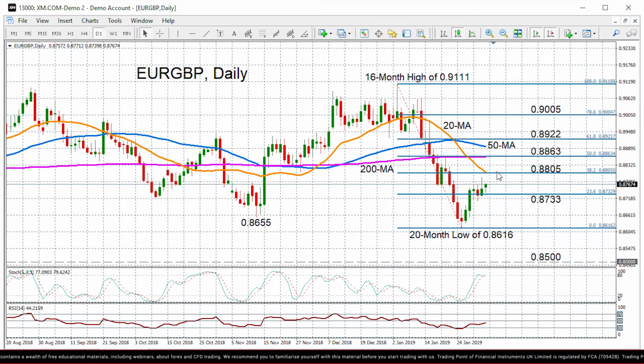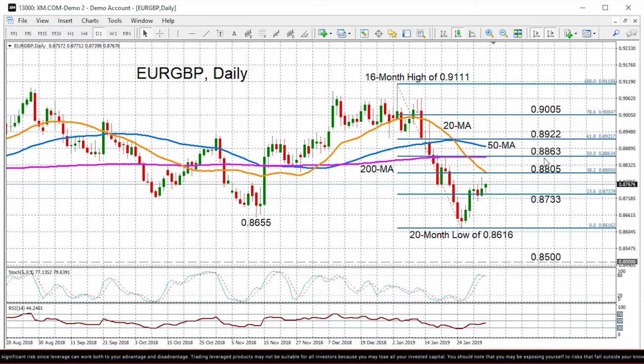So if euro-pound was able to break above immediate resistance at the 0.88 handle, so that's near the 38.2% Fibonacci of the down leg from 0.9111 to 0.8616, and also where the 20-day moving average currently is, that would definitely help strengthen the upside momentum, and we could see RSI rising more convincingly into positive territory.